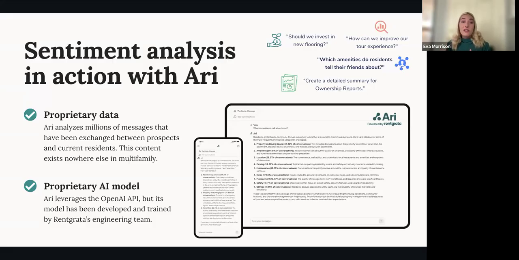So now your team can go in and ask a really simple question like, which amenities are residents most excited about? And what our sentiment analysis will do is go in, comb through all those messages, and pull out those big themes and trends to help your team make better decisions and highlight those things in marketing.